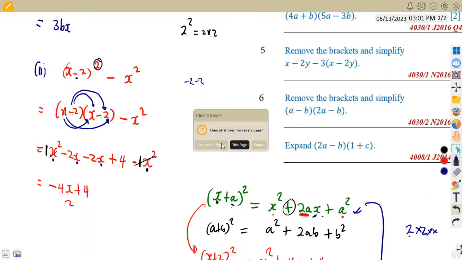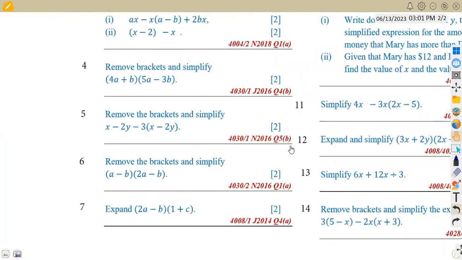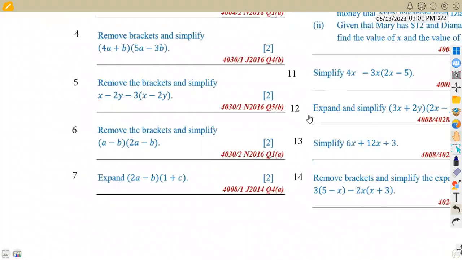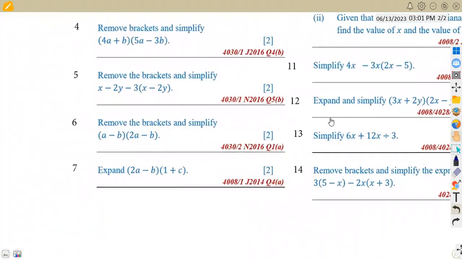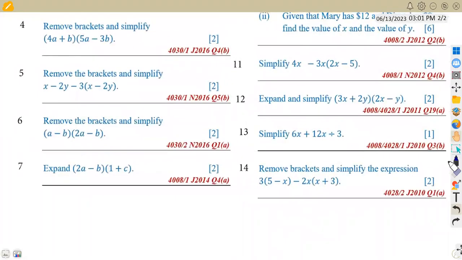Let us check the other part of our question, which is now question number 4. On question number 4, we're asked to remove the brackets and to simplify further after that. So it's not just removing brackets, but simplifying also. We are just going to apply the same concept.